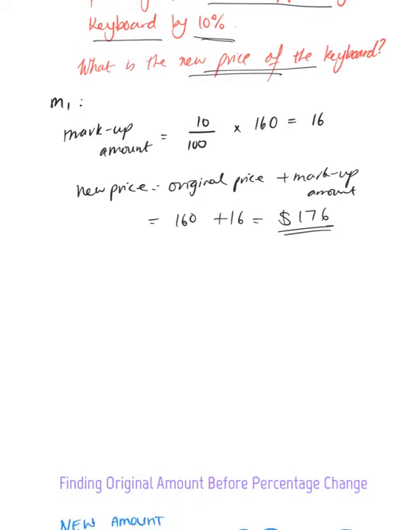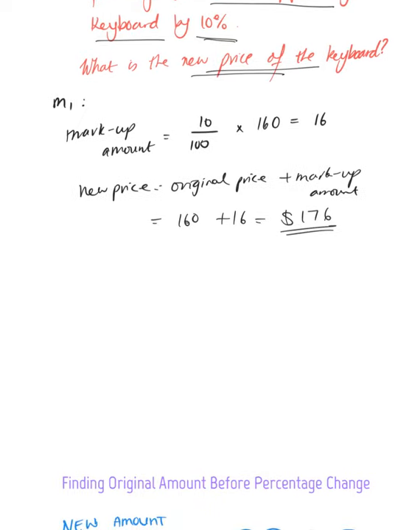We'll also tackle this question using method 2. So for method 2, I need to find the new percentage after markup. And previously we subtracted the percentage from 100 when we were looking at discount. Over here we will add the percentage to 100 because the price is increasing.